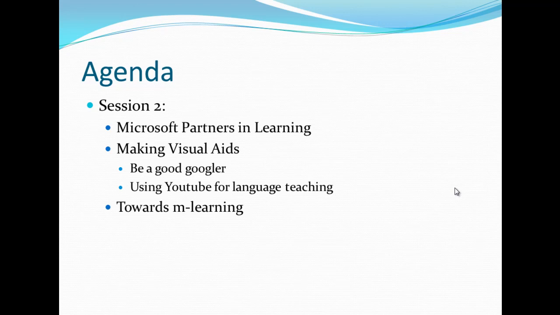And later in the afternoon, I will show you a new trend in the educational world today, M-learning. It's another step beyond e-learning, in which we use mobile devices like cell phones and iPads in our teaching and learning.